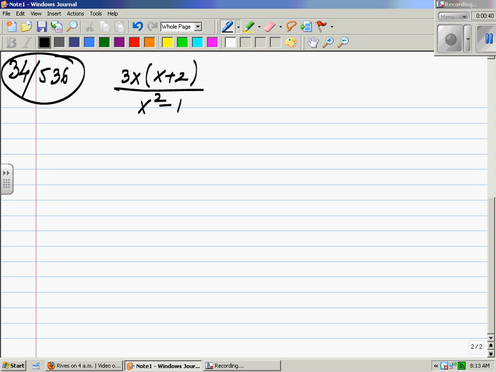And I have to find the value of this expression for x equals 1 and x equals negative 2. Right? So if this is a function of x, you have to find f of 1 and f of negative 2. Let's go with the first one, f of 1.